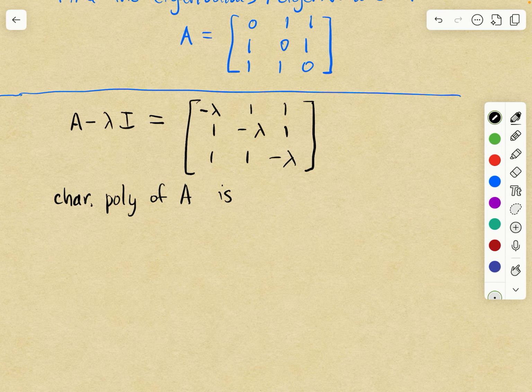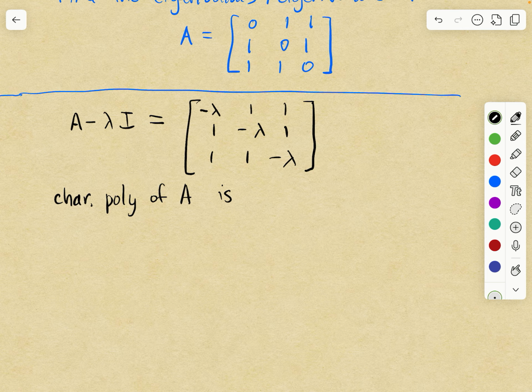You run into this issue if you try to, say, divide by lambda. For instance, dividing the first row by lambda is only possible if you assume that lambda is not 0. So in general, for finding the characteristic polynomial, it's usually better to just do a cofactor expansion. So I'm going to use cofactor expansion.